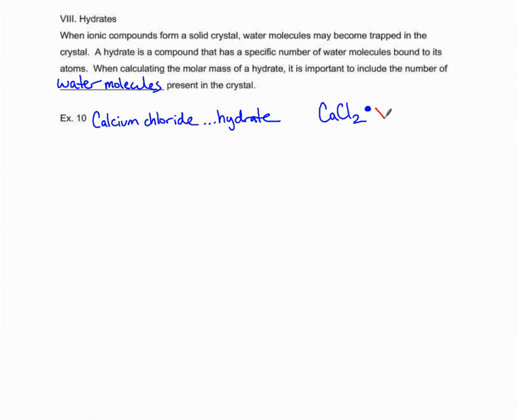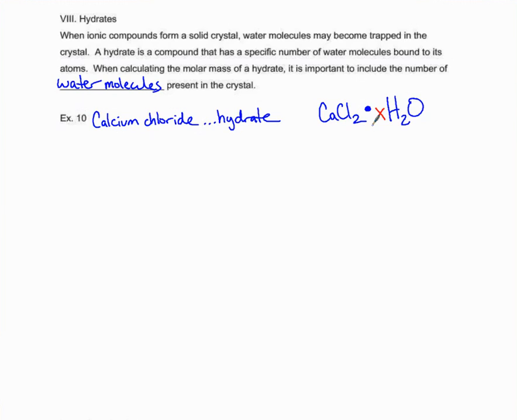But for now, I'm going to make it just an X, because I don't know what that number is right now, followed by H2O. So this dot tells me that the waters are part of this overall hydrate, and this X is the coefficient for the H2Os. It tells me how many waters are stuck there for every CaCl2 formula unit.